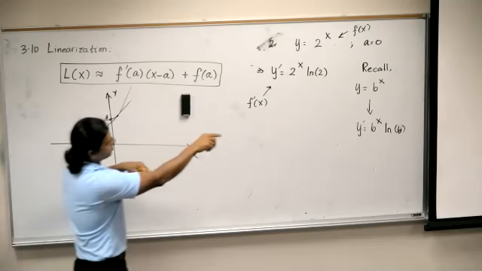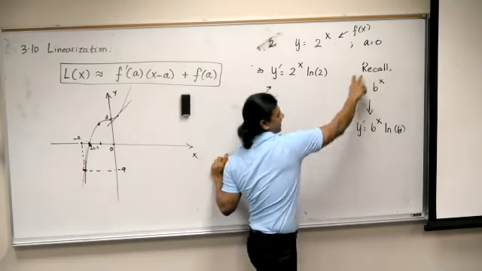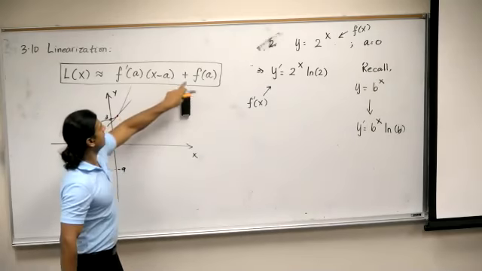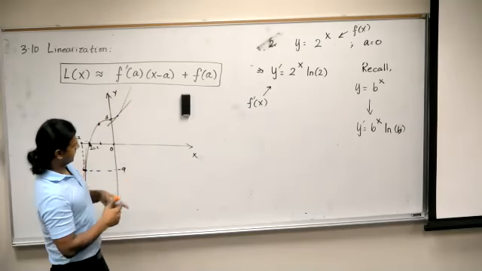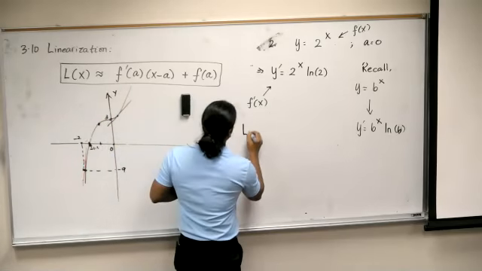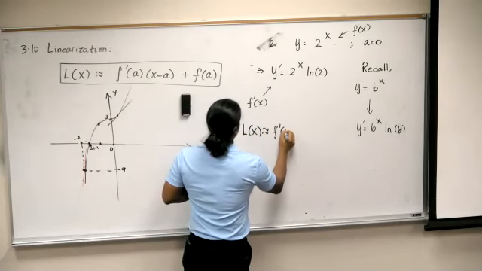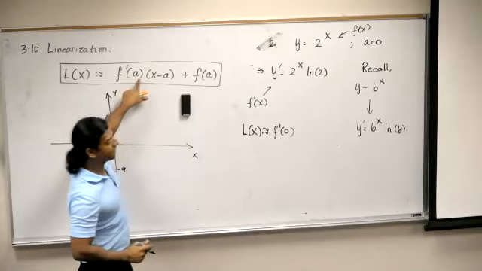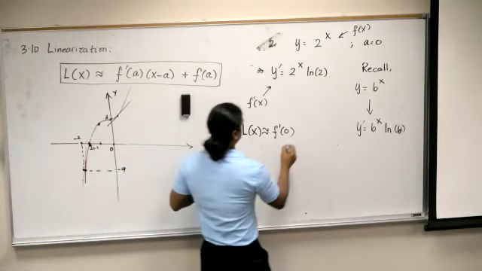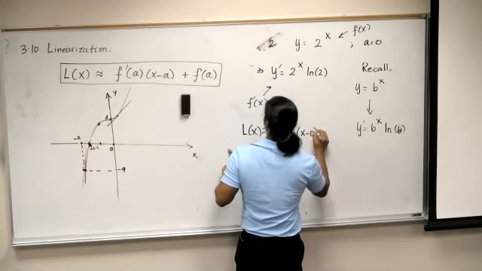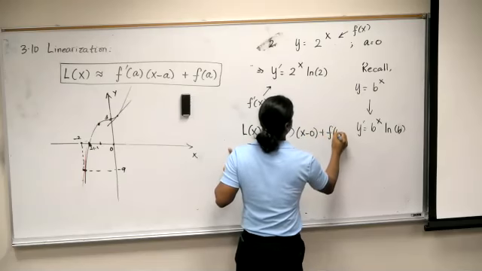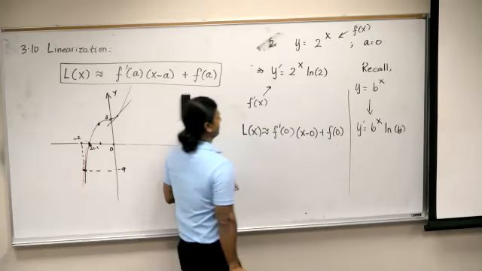In the neighborhood of a equals 0, so plug in 0. L of x would be equal to f prime of 0 times x minus 0 plus f of 0.